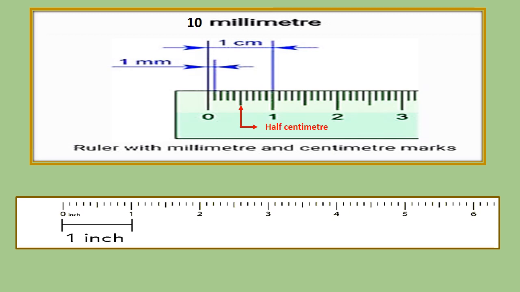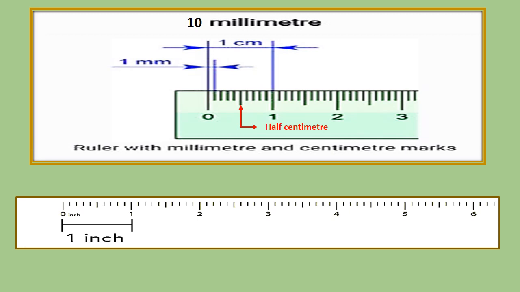A small ruler can measure length up to 15 centimeters and a long ruler can measure length up to 30 centimeters. On the other side of the ruler, the numbers represent inches.